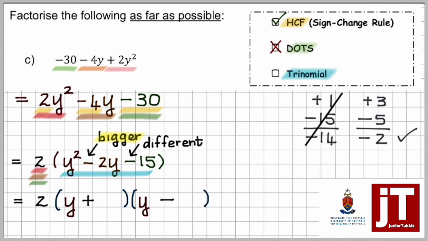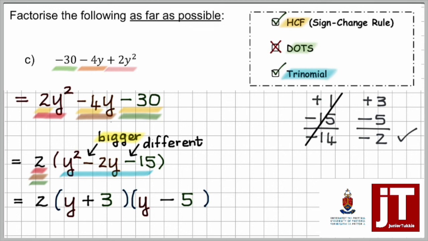But remember, the order here is very, very important. The 3 must get the positive sign, so we put it in the set of brackets that contains the positive sign. The 5 must get the negative sign, so we put it in the set of brackets that has the negative sign. At this point, we have factorized our trinomial successfully.